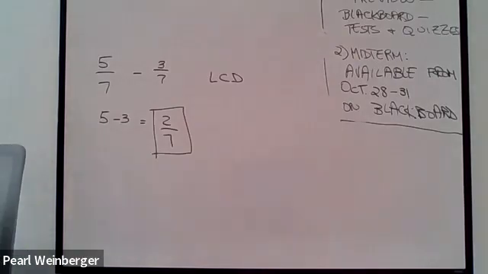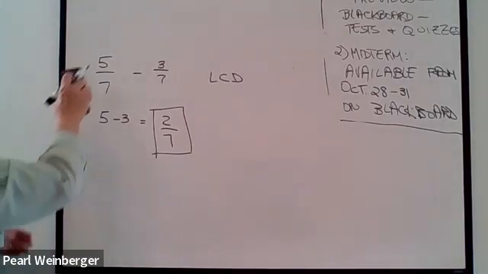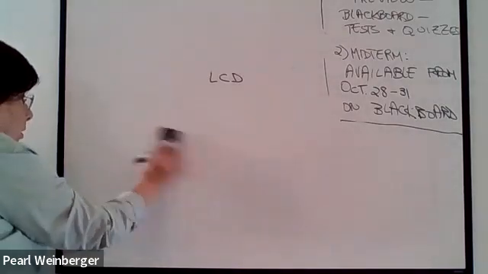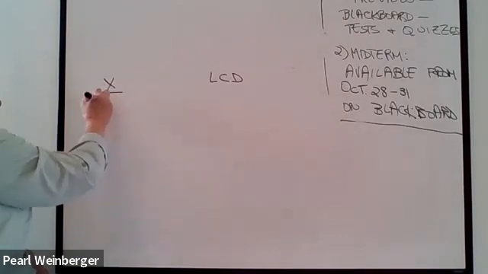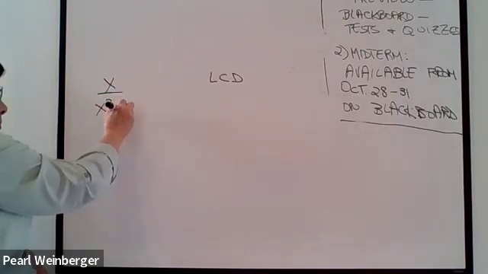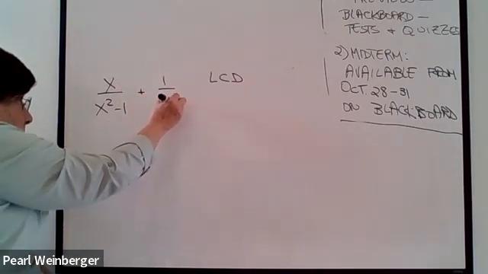So if I were to give you an example that looks like this: x over x squared minus 1 plus 1 over x squared minus 1.